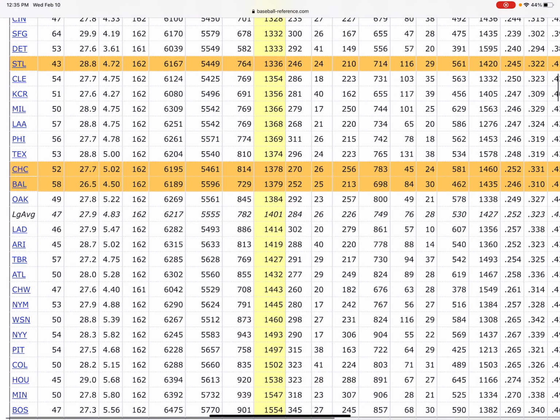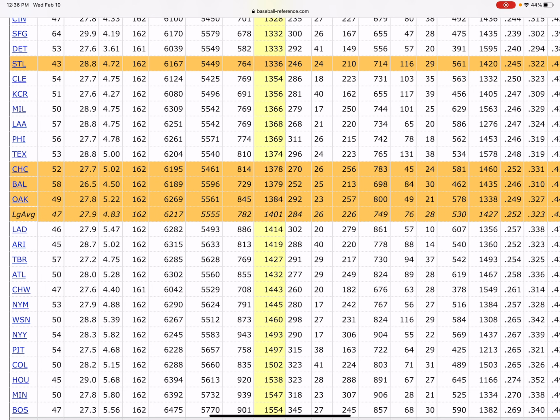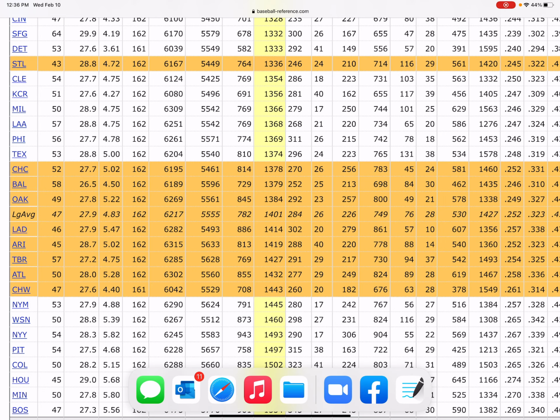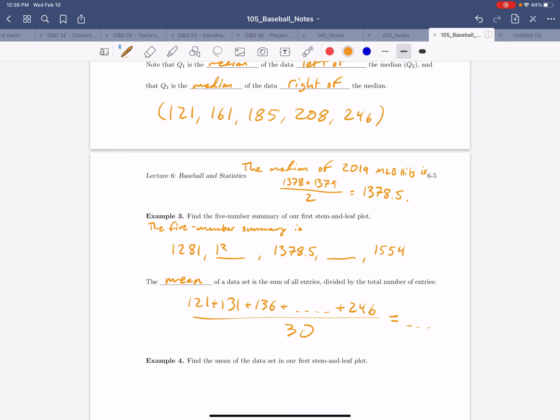Now, similarly, let's find the third quartile. Second quartile, Q2 is the median, actually. So let's see, we've got 1, 2, 3, 4, 5, 6, 7, 8. So 1336 and 1443. Now, if you're wondering, well, how did you know, Dr. Halpin, how did you know that that was the 8th spot?